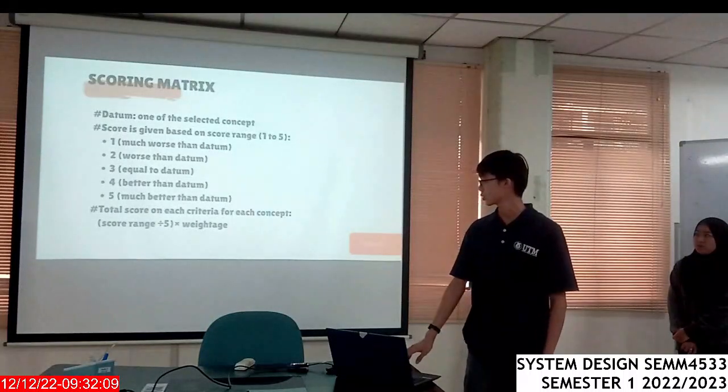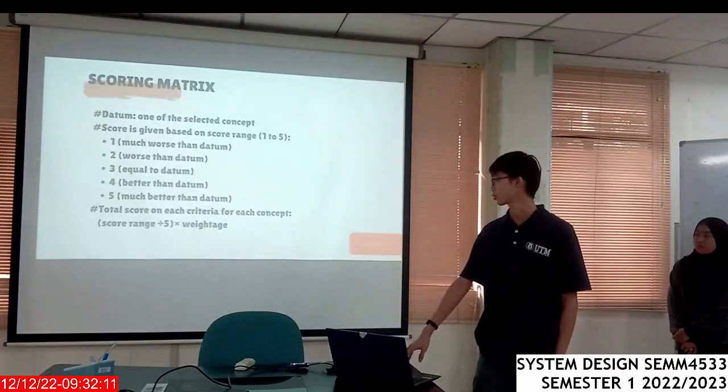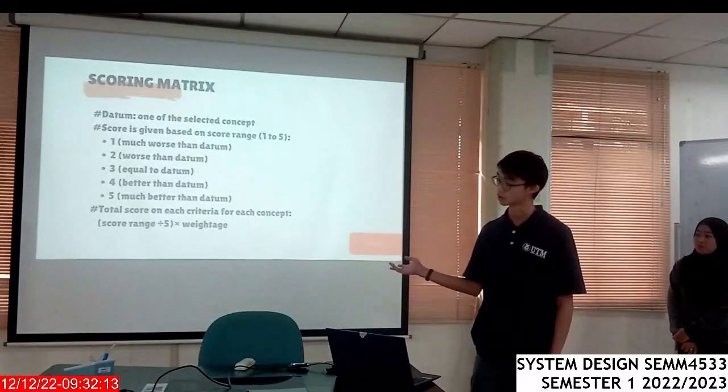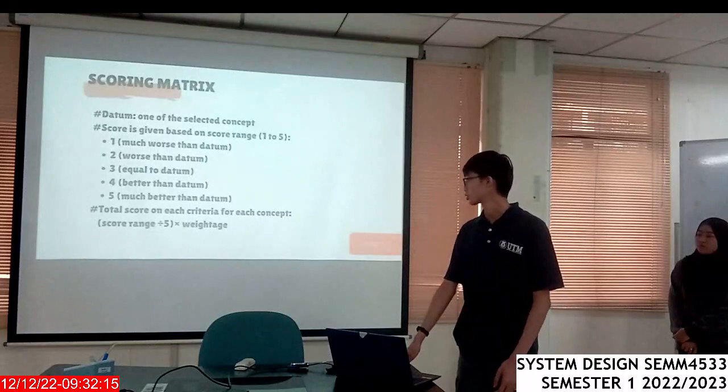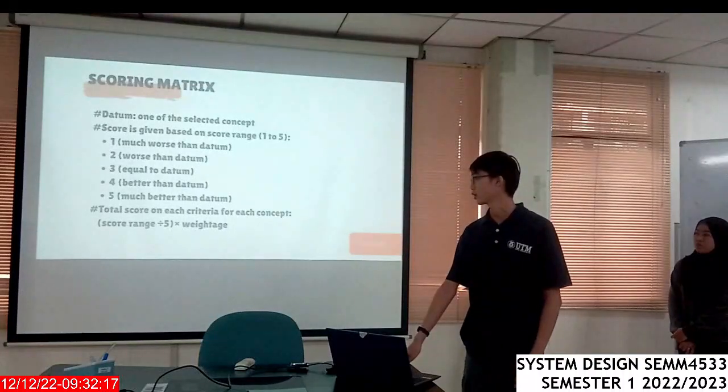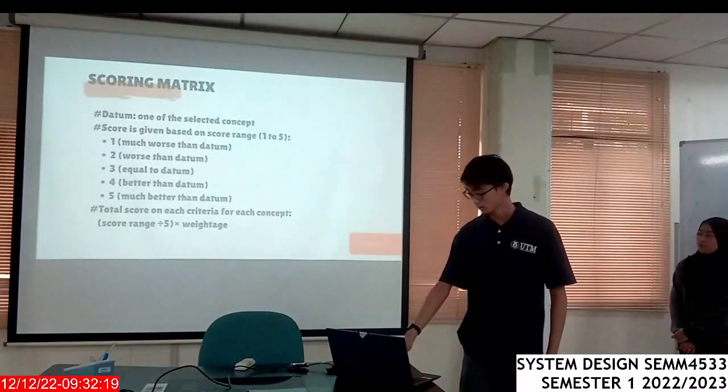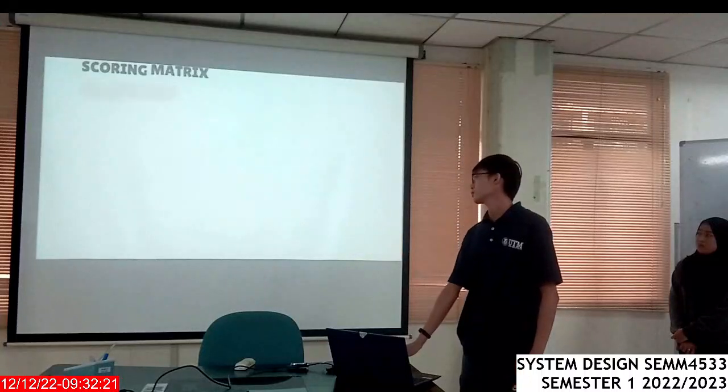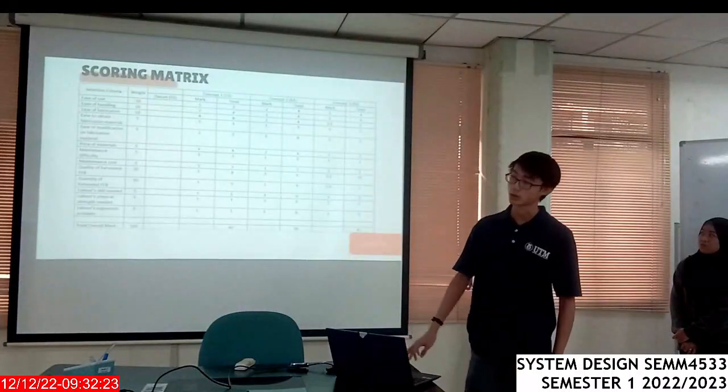The total score for each criterion was calculated based on the formula shown: score of the range divided by 5 times weightage. So this is the scoring matrix.